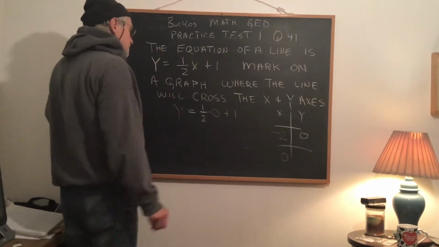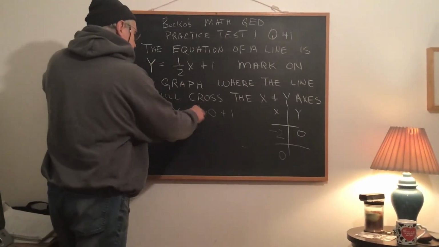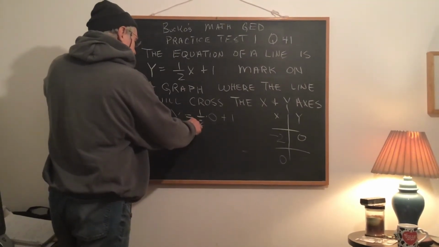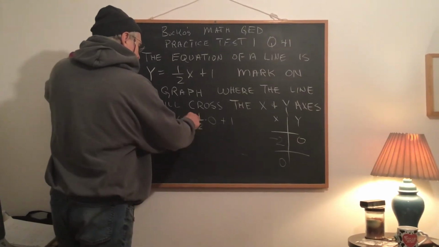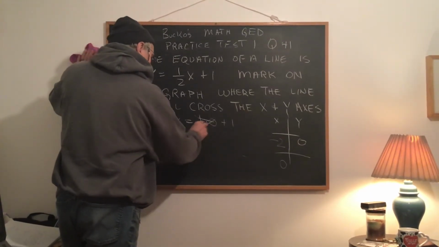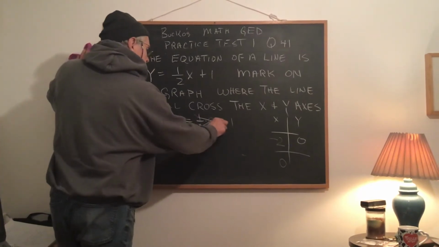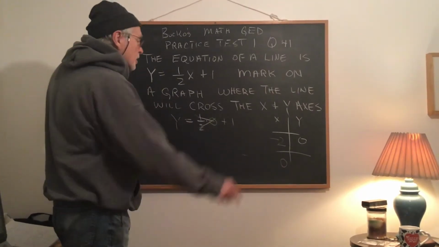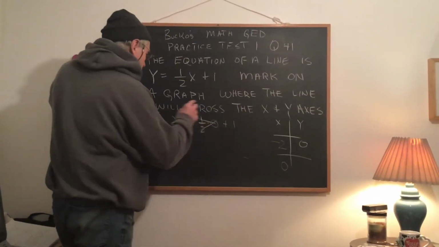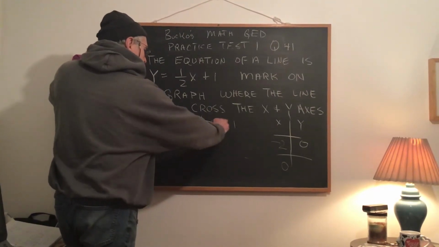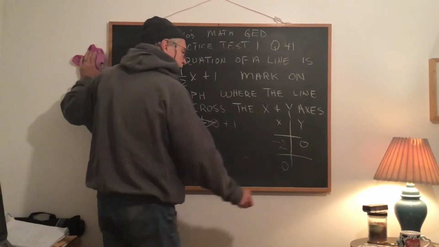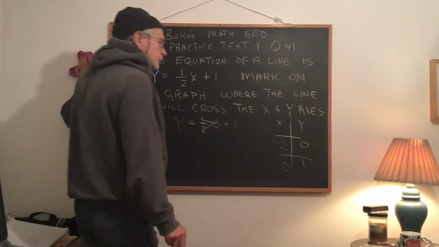And that becomes simple because any number times 0 is 0. So this collapses to 0. It's gone. 0 plus 1 is 1, isn't it? So that's the value of y. The value of y is 0 plus 1, and that would be 1.